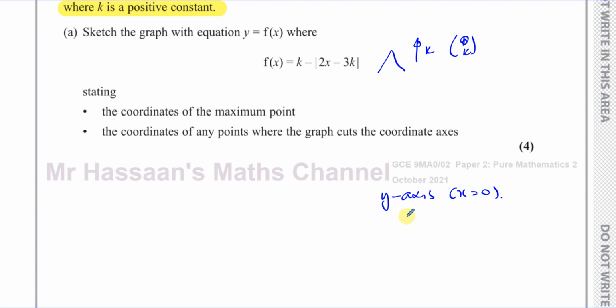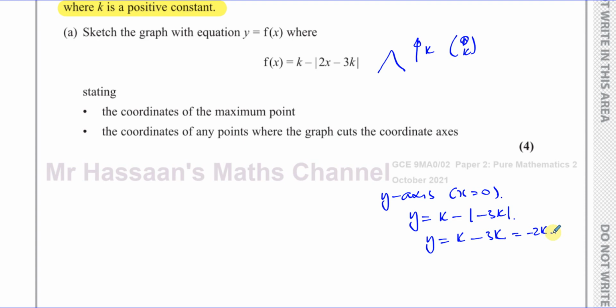So when x equals 0, y equals k minus the modulus of 2 times 0, which is 0, minus 3k. Now, we know this is a negative value because k is positive, so minus 3k is negative. That's going to become positive in the modulus sign. So you have k minus 3k, which is going to be minus 2k.